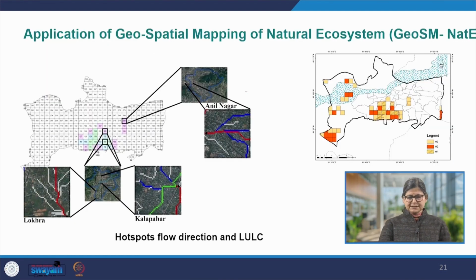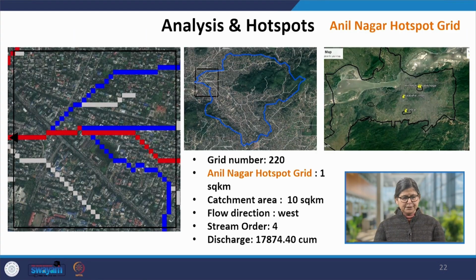So you can see Anil Nagar, Kalapahar and Lokhra, and they come from this particular overlaid map only, the hotspots, and the land use land cover for these three, the final resolution study was made, and you can see that ultimately the discharge was calculated, that flow direction, stream order and the discharge.